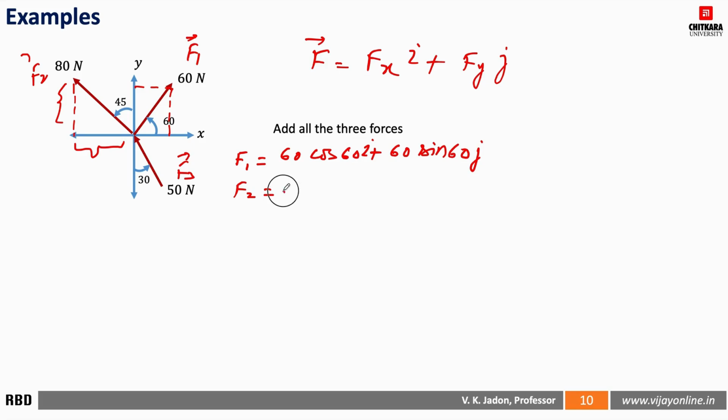The x component is in the negative direction, so it is minus 80 cos 45 i, as this angle is 45 degrees, and this vertical component is in the positive direction, so we will have plus 80 sin 45 j.